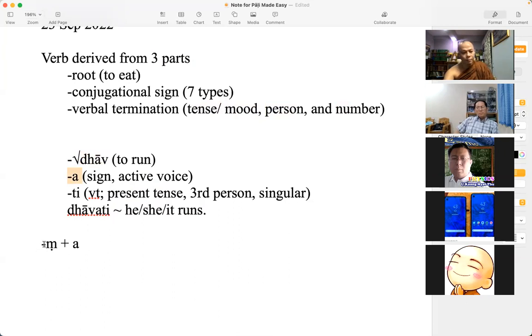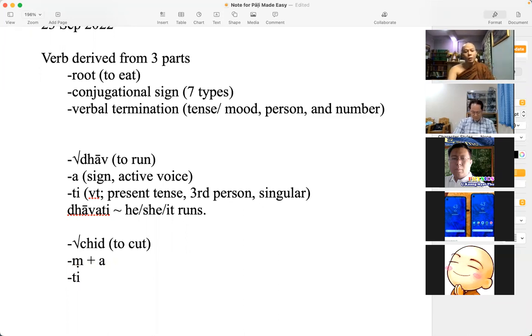Now the second root is chid. The meaning of chid is to cut. Okay, and the sign here is a, plus an extra one, which is ni-gga-hi-ta, the neither. And then the verbal termination.